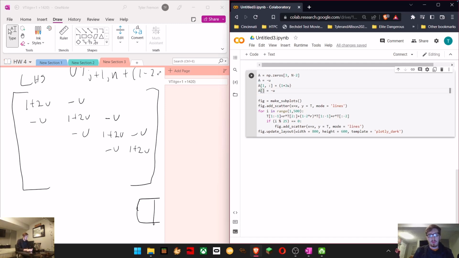And then on the bottom, we're going to put it in the third row. We want to exclude the last column because we don't have a negative u in this column. So we're going to leave out the last column. And then on top, we're going to leave out the first column.